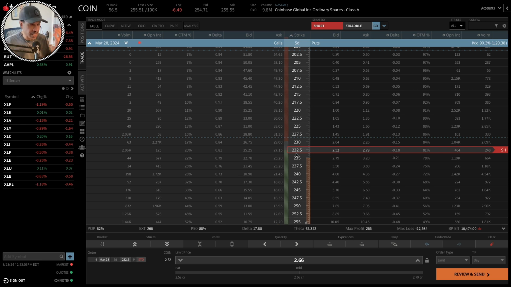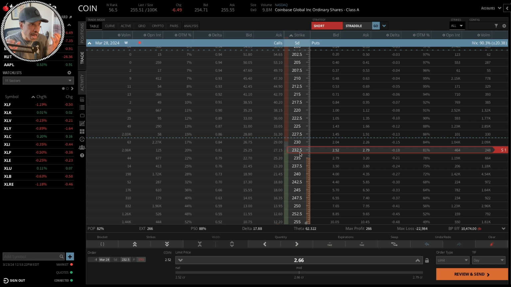Now, what I'm saying is that I am willing to buy 100 shares of COIN, because every option contract controls 100 shares of the underlying, and the underlying in this case is COIN.